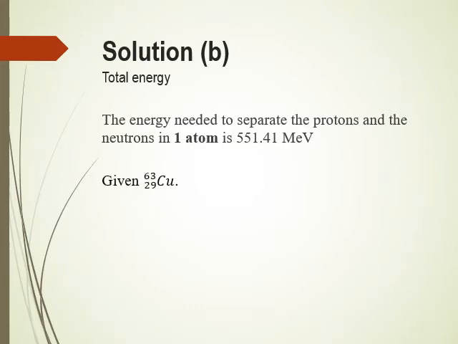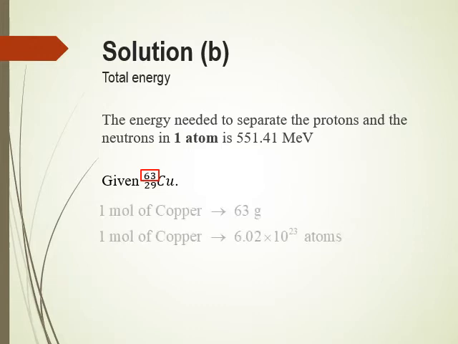Given the symbol Cu with a mass number 63 and an atomic number 29, if you look at this value 63, which is the mass number, it gives us the information that 1 mole of copper atoms is equal to 63 grams. And if you look at Avogadro's number, it tells us 1 mole of copper contains 6.02 times 10 to the power of 23 atoms.